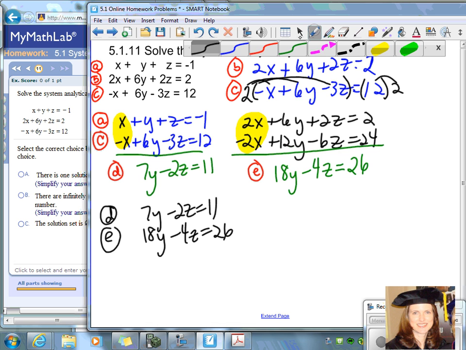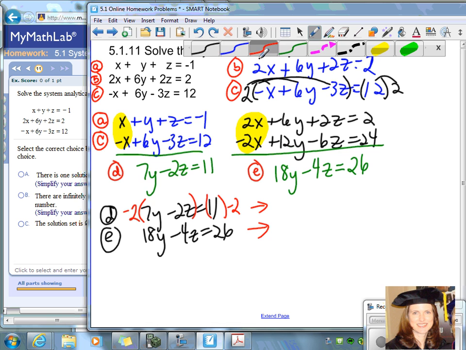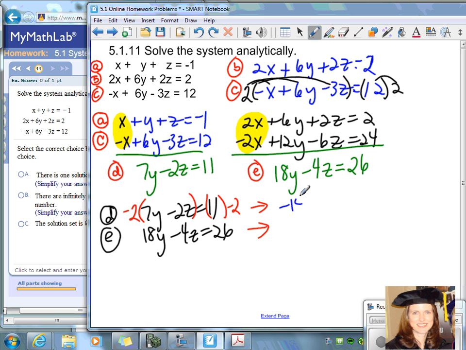I can get opposite z's here by multiplying the whole first equation by a -2. When I do that, equation D multiplied by -2 is -14y plus 4z equals -22. Equation E, 18y minus 4z equals 26.